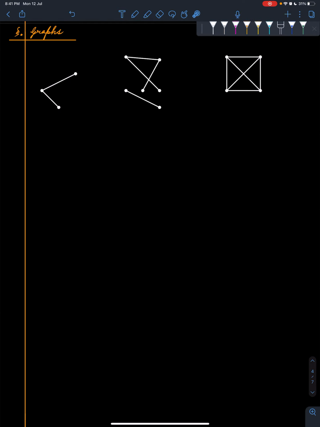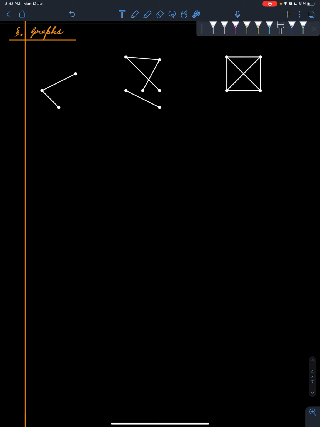So let us briefly discuss a very fundamental notion in mathematics, which is that of graphs. In high school, when we say a graph, what we mean is a function and then we plot that function, one data on the x-axis, the other data on the y-axis, etc. But when we say graphs in this context, the kind of graphs that we are discussing are not at all about plotting any function.